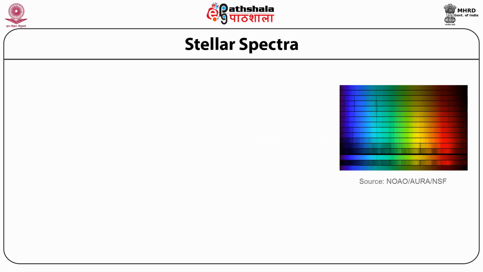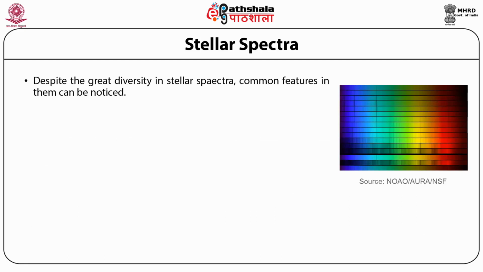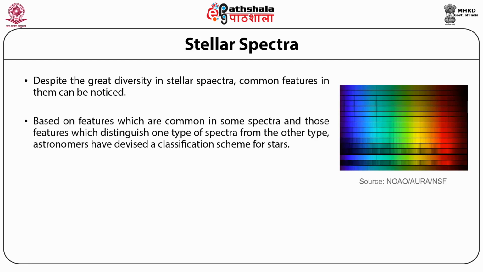So students, despite the great diversity in stellar spectra, common features in them can be noticed. Based on the features which are common in some spectra, and those features which distinguish one type of spectra from the other, astronomers have devised a classification scheme for stars.